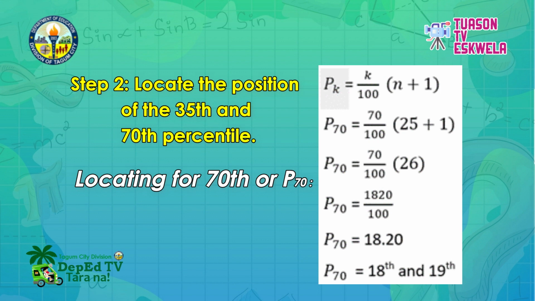It is where the location of the 18th and the 19th value.